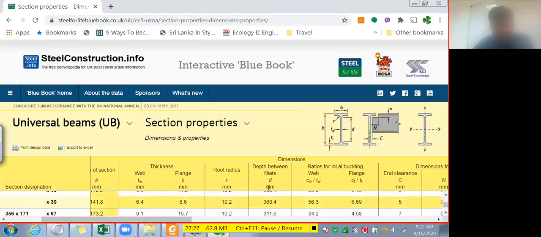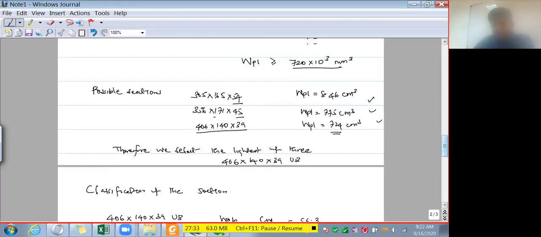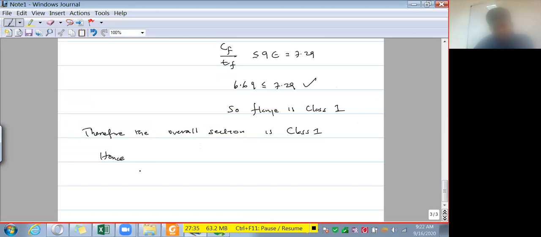Okay, 406, 140, 39, this is the section. Therefore, the UB satisfies the design requirement.